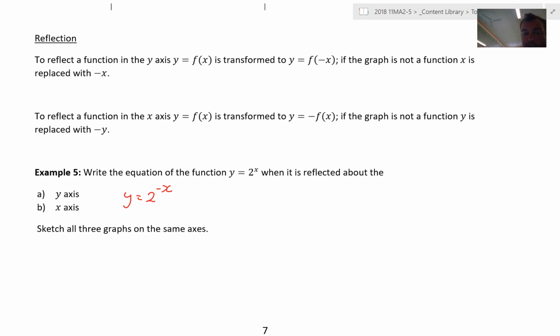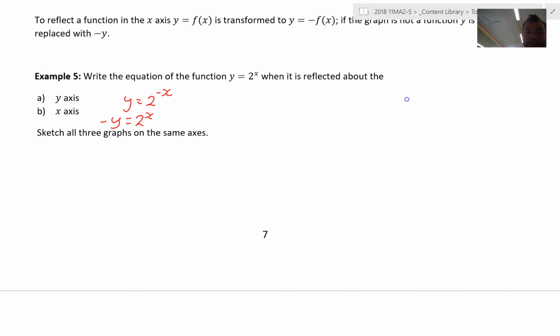Replace x with a negative x. To reflect in the x-axis, I say minus y equals 2 to the x, which I could also say is y equals negative 2 to the x, because I could divide both sides by minus 1.